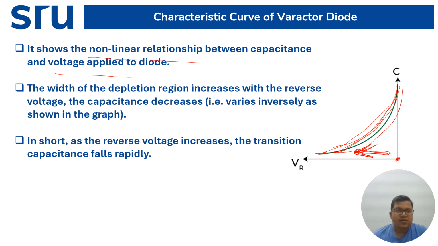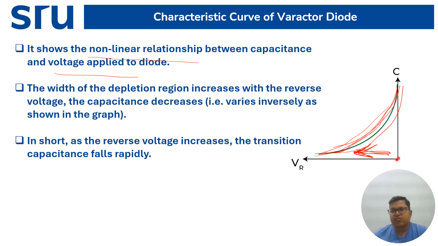Okay, in short, as the reverse voltage increases, the transition capacitance falls rapidly. It falls rapidly, and after a certain point, let's say after this, it becomes saturated and looks like the capacitance has already been reduced very deeply.